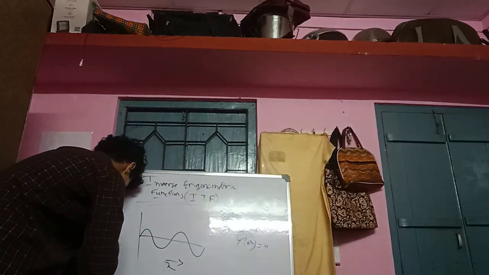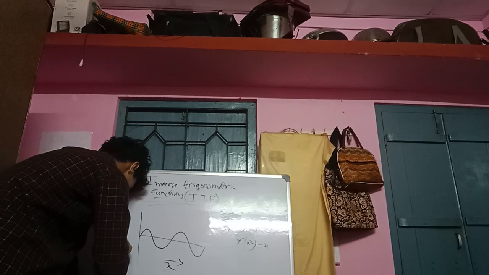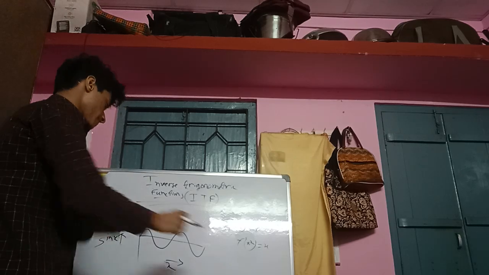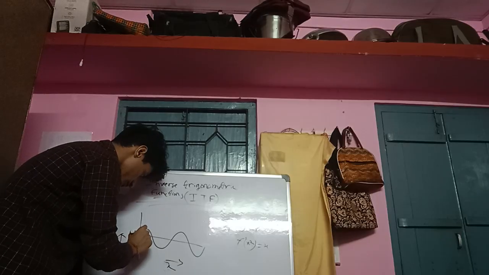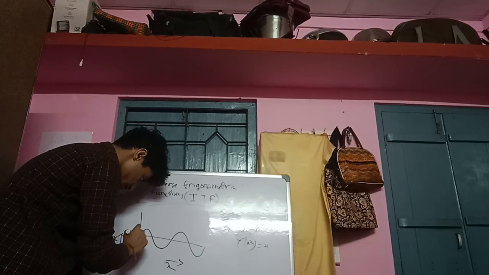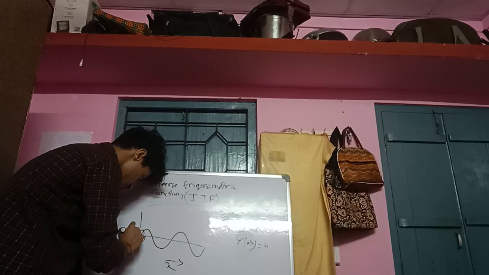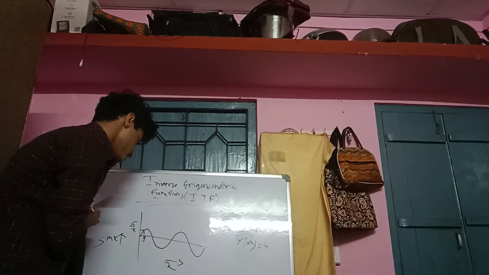Let's say on this point the value of x is pi over 3 and the value of y is root 3 over 2.